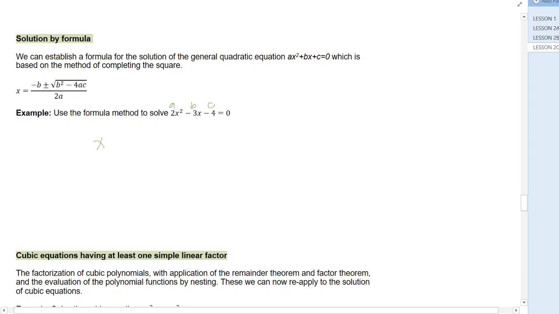So x is equal to negative b plus and minus the square root. Let me rewrite that.